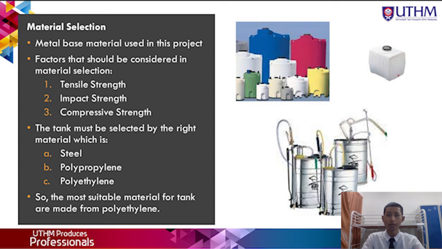Other than that, there are three options of material for the tank, which are steel, polypropylene, and polyethylene. From the options, the most suitable material for the tank is polyethylene. This is because a tank made of this material is compatible with chemical liquid, lightweight and easy to handle, impact resistant and corrosion resistant.